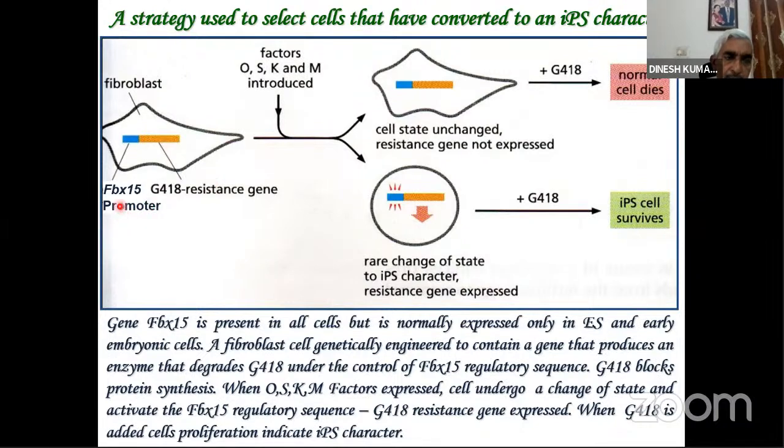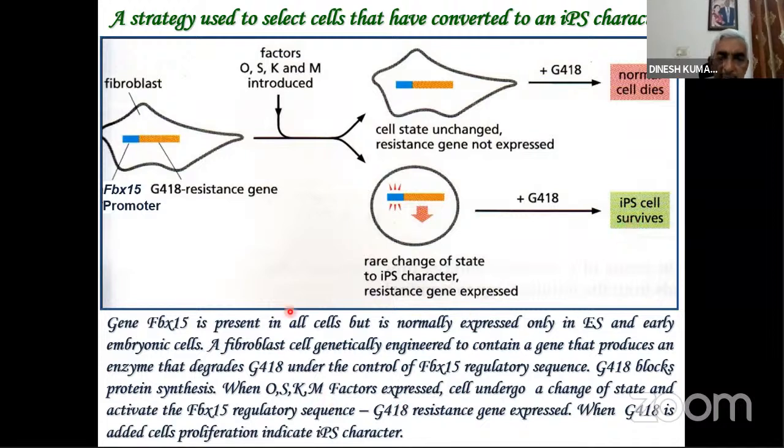With activation of the FBX gene promoter, this portion is activated. If there is no activation of this gene, the normal cell dies. But when it is activated, the rare changed cells express the iPS resistance gene, and induced pluripotent cells survive.